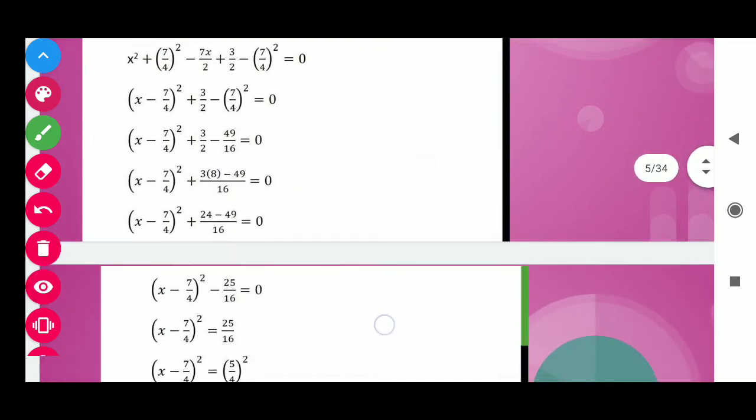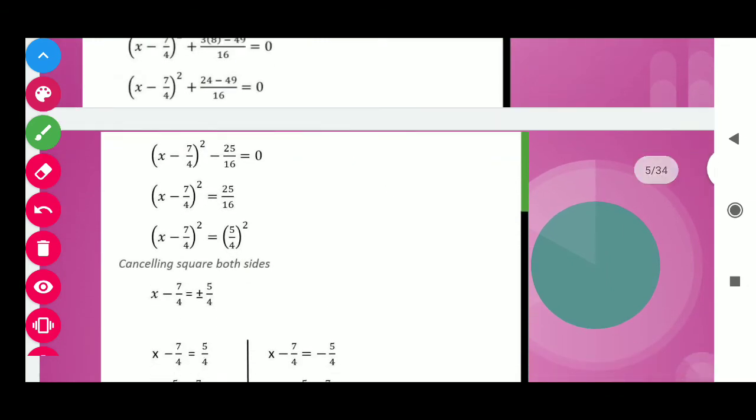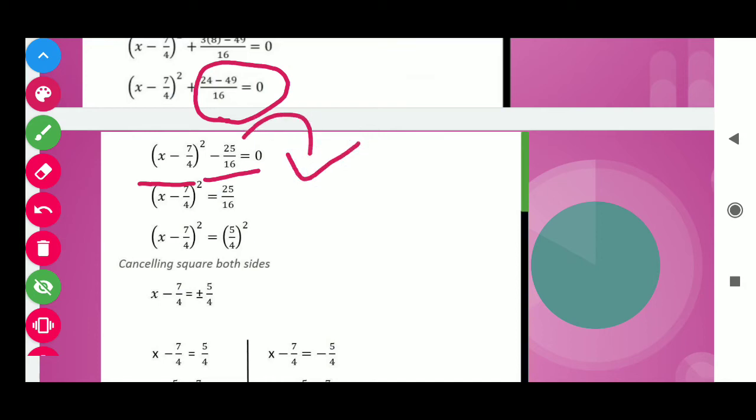Now students, further you can see here x minus 7 over 4 whole squared, and by calculating this we get minus 25 over 16 taken to the right hand side. Now students, you can see that 25 over 16 is the square of 5 over 4. Now cancelling square on both sides, we get this one.